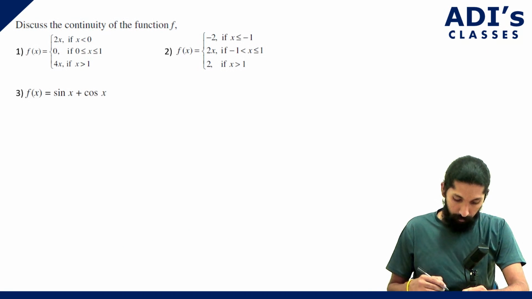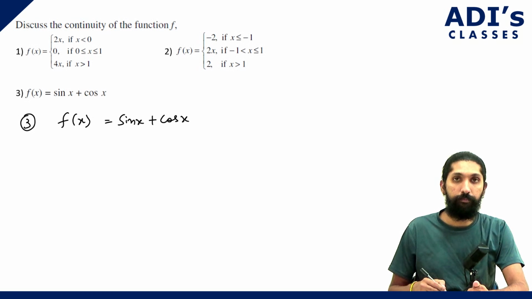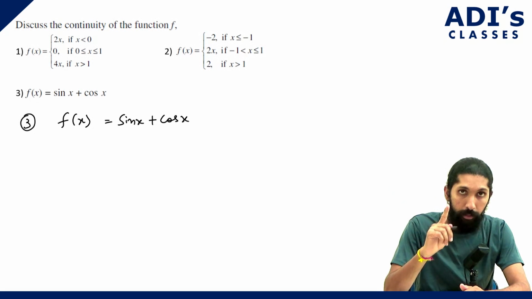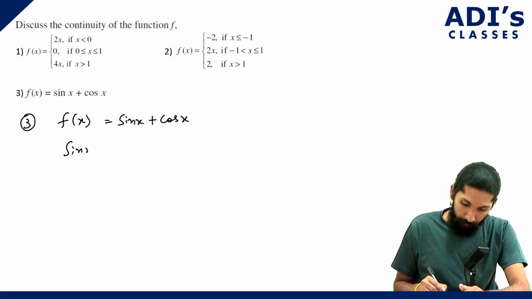You have f of x is equal to sin x plus cos x. No range, nothing is given. But what we do know is that, see, you know that sin x is continuous everywhere.